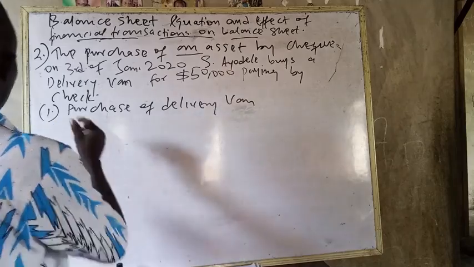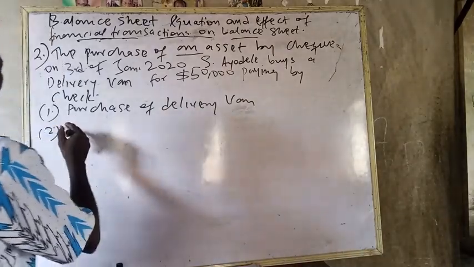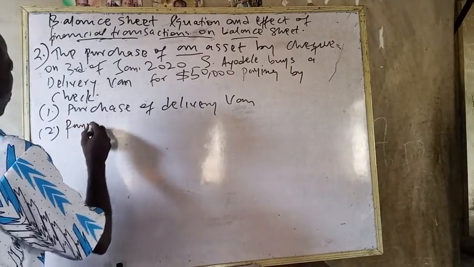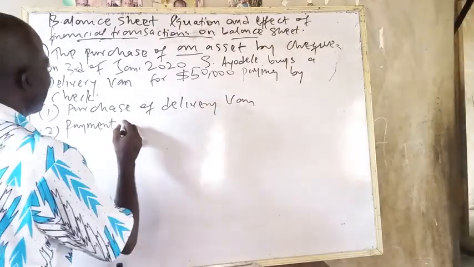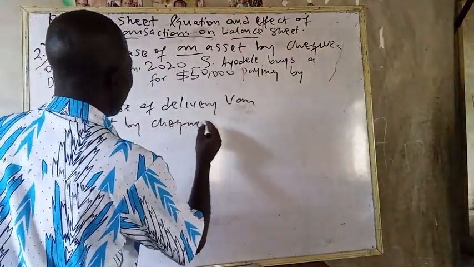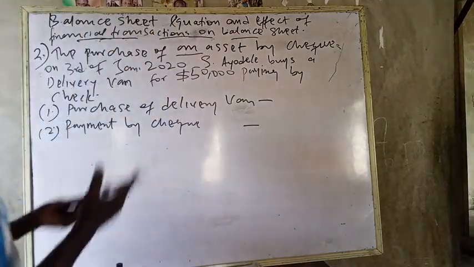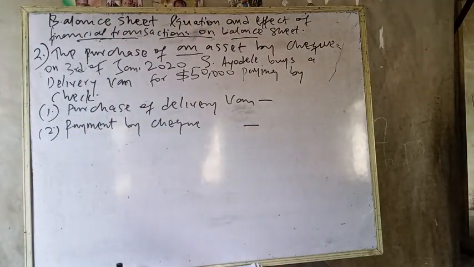And what happened? Two, payment by check. This also has an entry in the balance sheet.